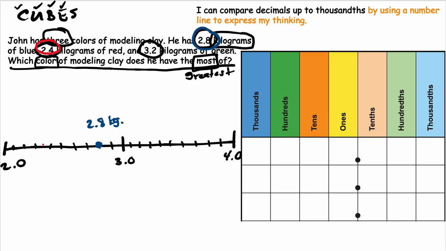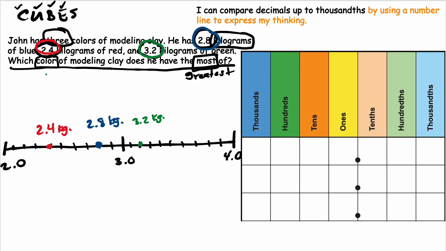So 1, 2, 3, 4, 2 4/10 of red clay. And then the last one, 3 2/10 kilograms of green. So I start at 3, and 3 1/10, 3 2/10.